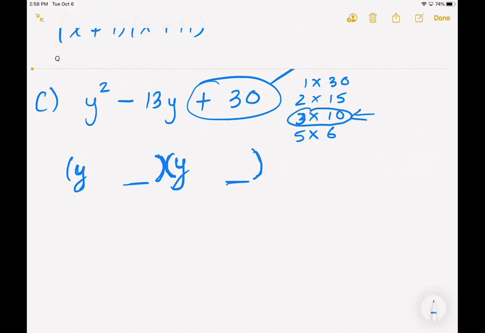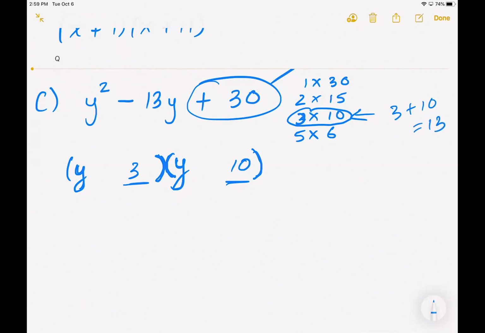Like I said, when I made the problem in my head, I wanted to write 30 because I wanted to use 5 and 8, but somehow I wrote 30 and it still worked out. Since it worked out, do you agree that 3 times 10 is 30, and 3 plus 10 is equal to 13?